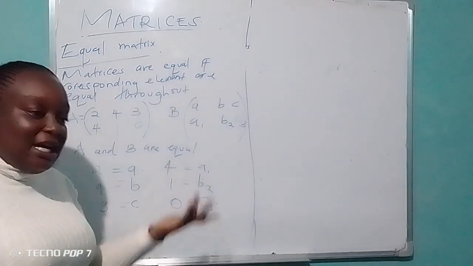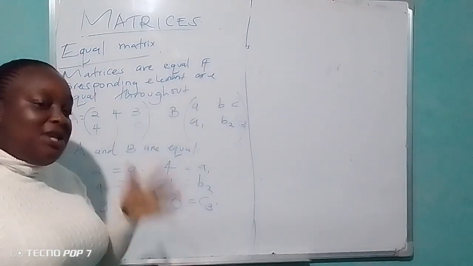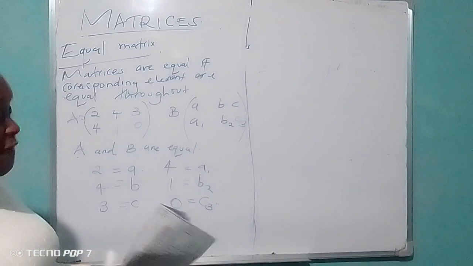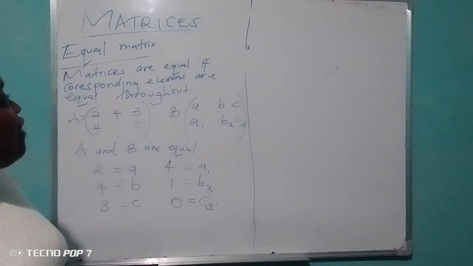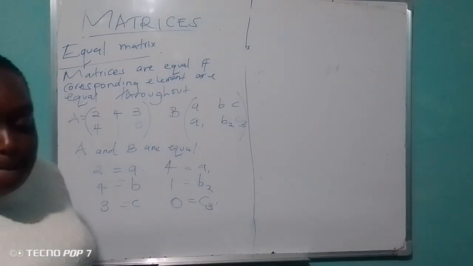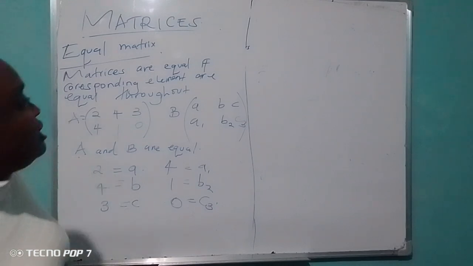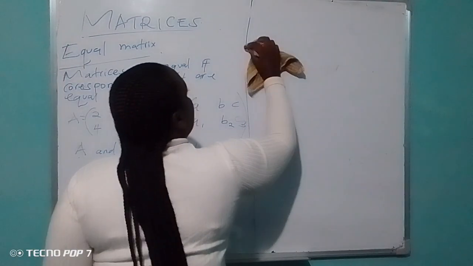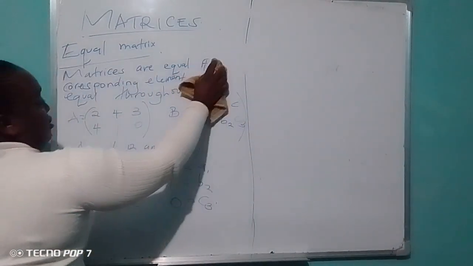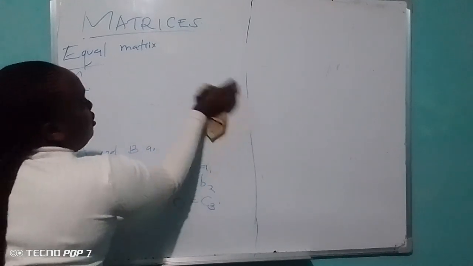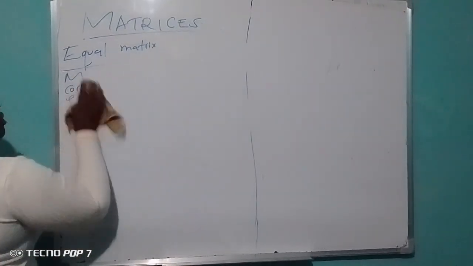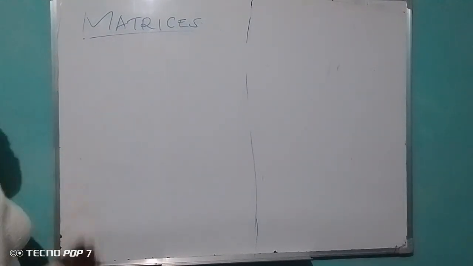And then with another lecture, I will do a 3 by 3 matrix. So, addition and subtraction of a 2 by 2 matrix, and also multiplication. Let's do this. Addition.